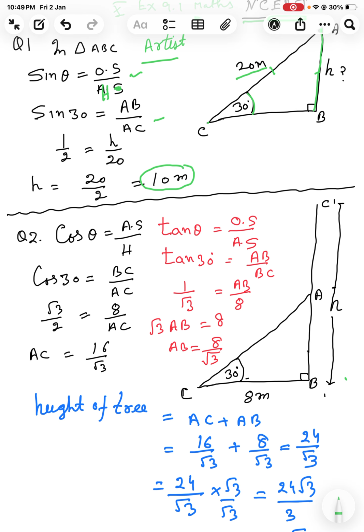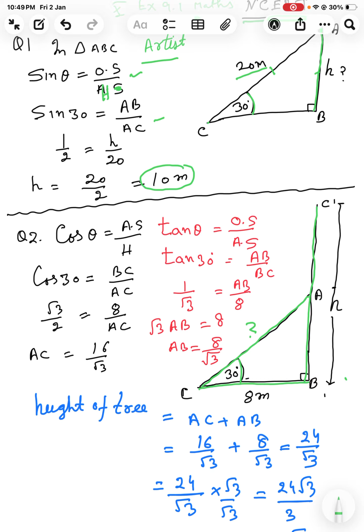In question 2, this is the height of the tree. Due to a storm, the broken part touches the ground, making an angle of 30 degrees, and it is 8 meters away from the foot of the tree. In this case, we have to find the hypotenuse, the broken part of the tree, and AB, the remaining part of the tree.